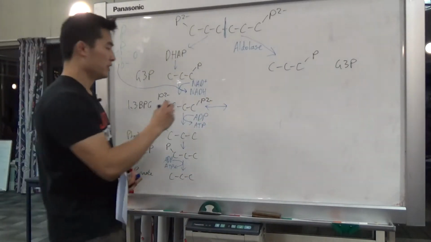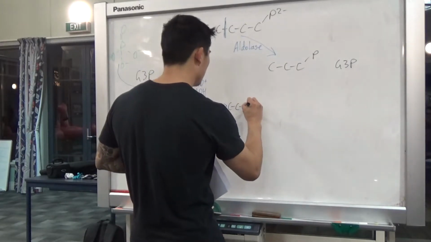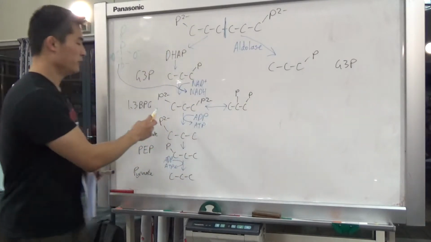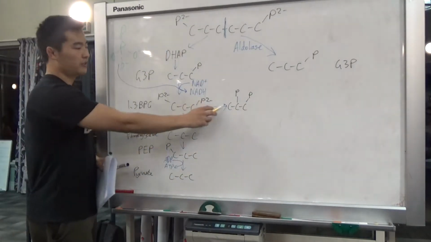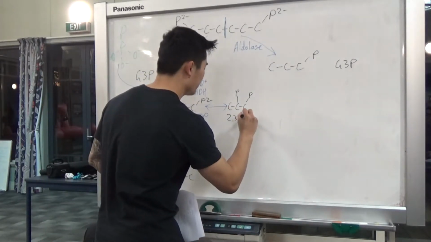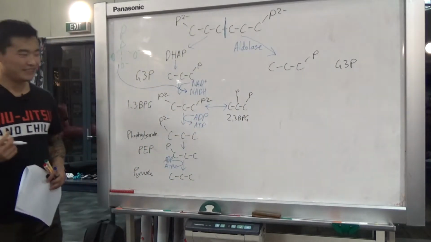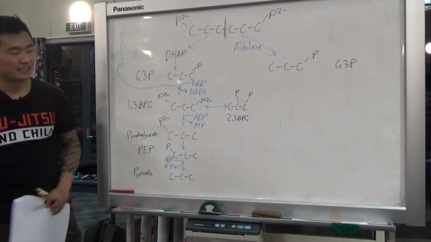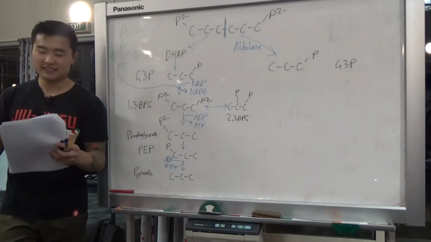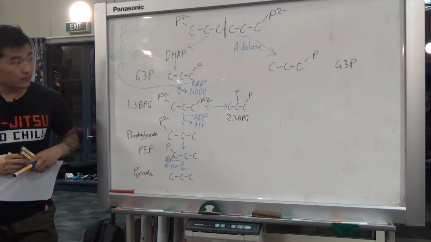It can be turned into, so the phosphate group can be moved from the first carbon to the second carbon. So that's 2,3-BPG. And this is the one that's going to bind to hemoglobin in the center of the tetramer. Remember?